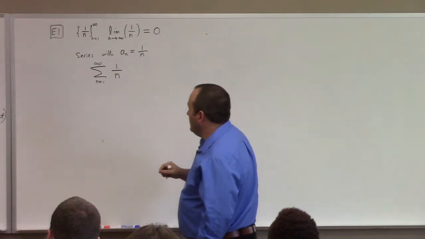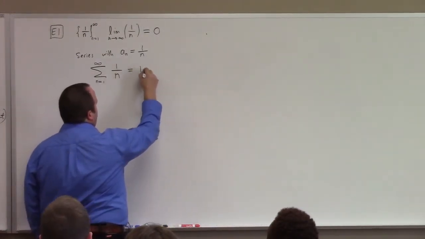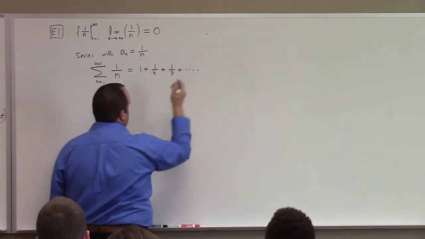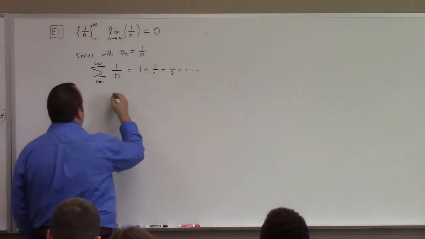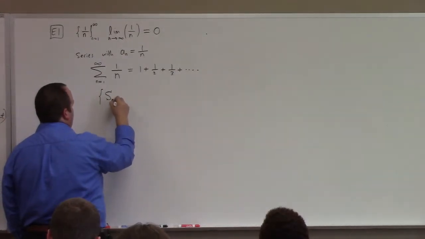But this one here, this would be what? This is notation for 1 plus 1/2 plus 1/3 plus ... Right, so we would actually have to calculate. You can look at what is the sequence of partial sums here?